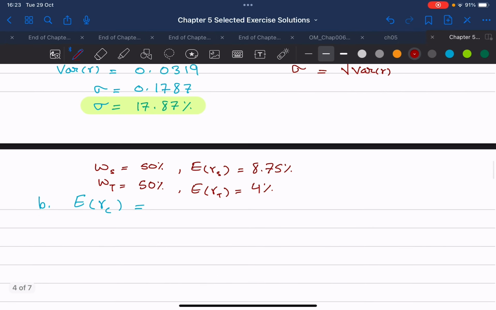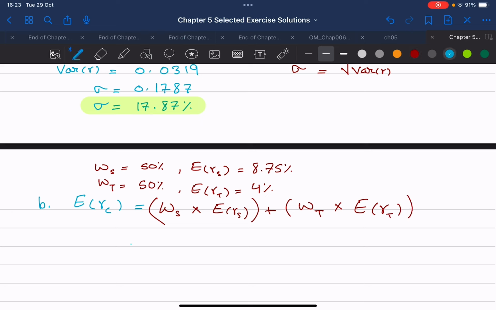So all we need to do now is multiply the weight of the stock by the expected return on that stock plus the weight of the treasury bill multiplied by the expected return on the treasury bill.